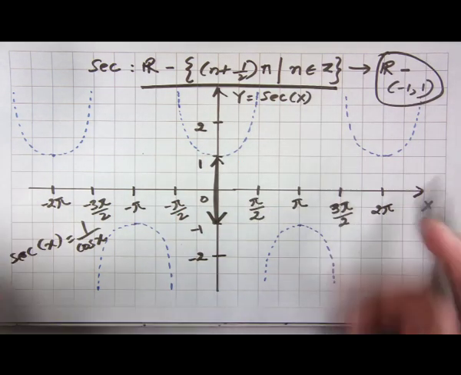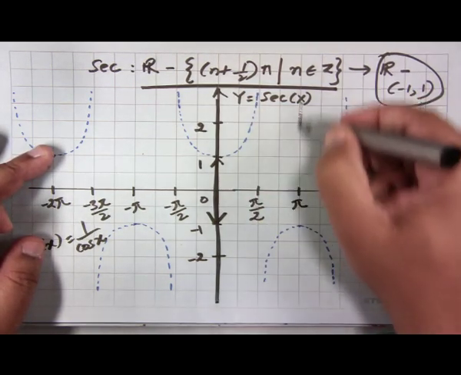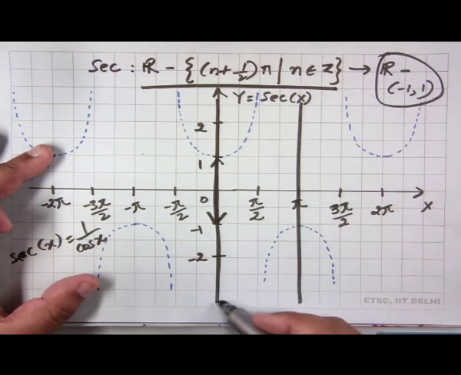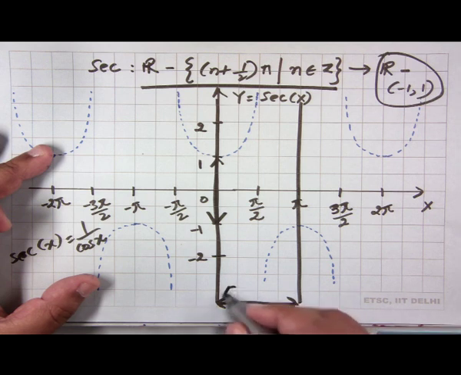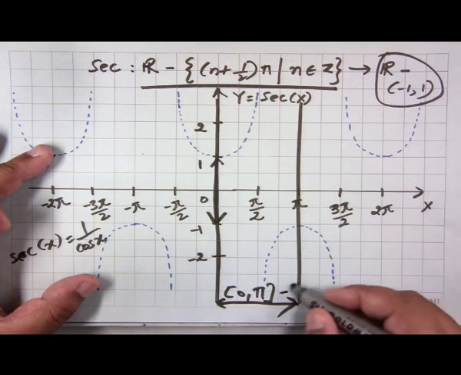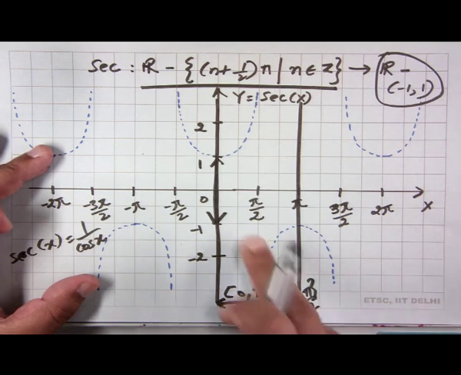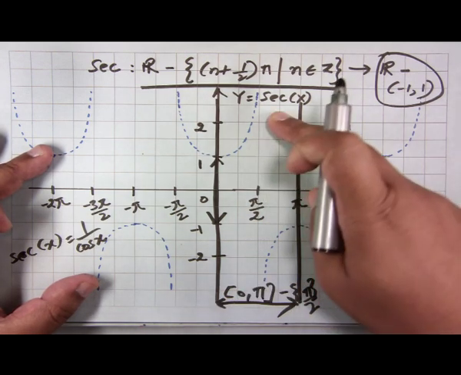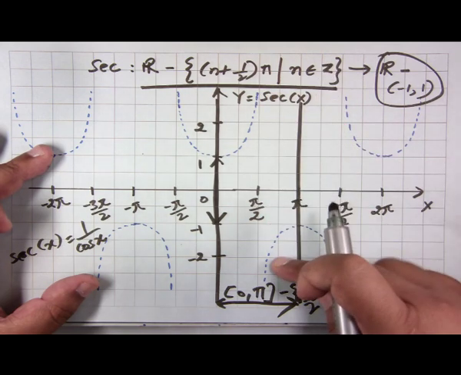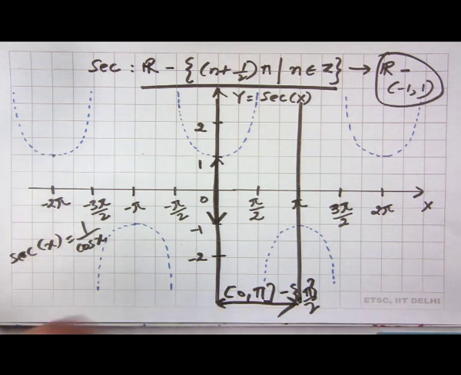So, we restrict the domain to between 0 and pi, the closed interval from 0 to pi, but we should not have the point x equal to π/2, because at x equal to π/2 secant of x is unbounded, it is not well defined. So the modified domain will be the 0 to pi interval except the point π/2.